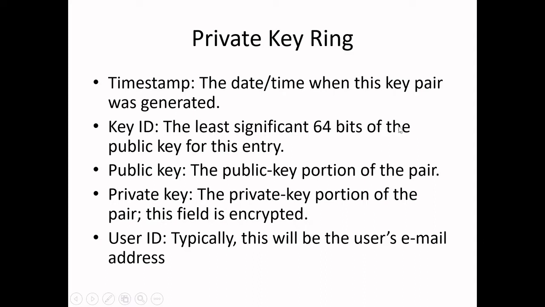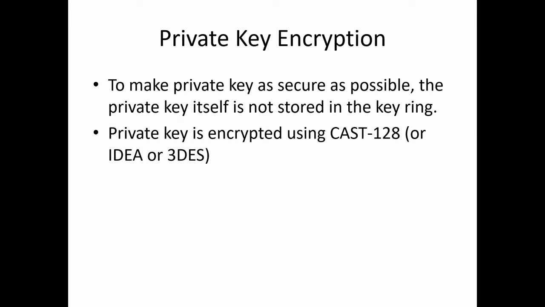The key ID is the least significant 64 bits of the public key for this entry. The public key itself is also stored. In the case of the private key, this field is encrypted, so the encrypted form of the private key is stored. User IDs will typically be the user's email ID.